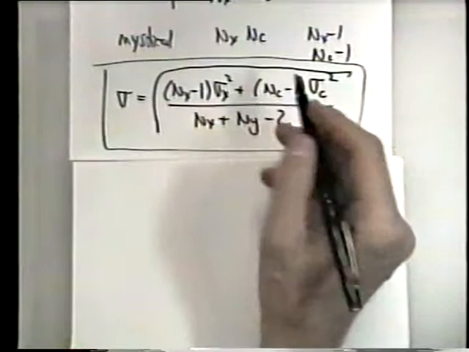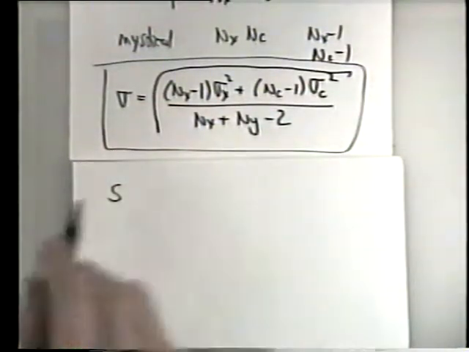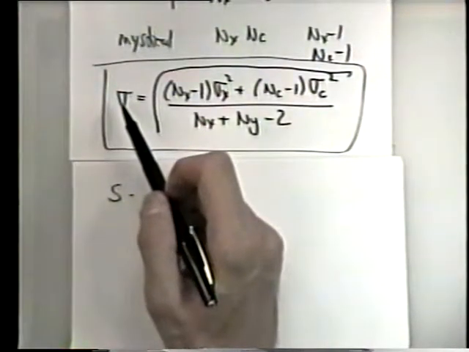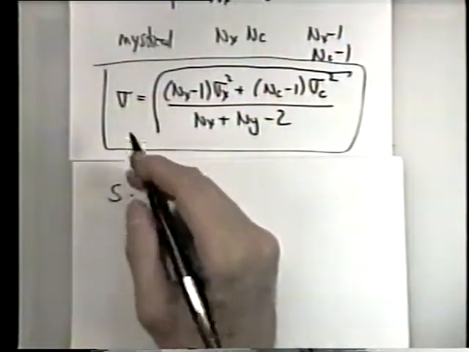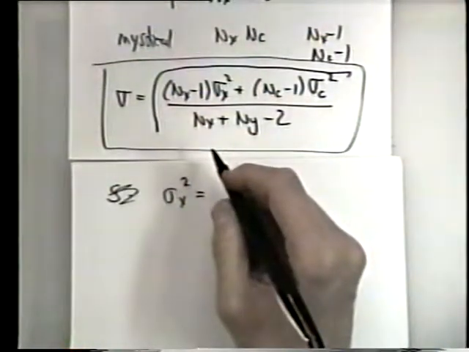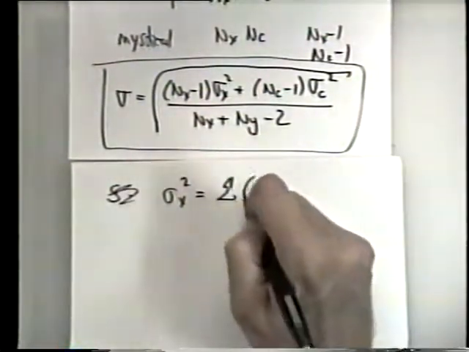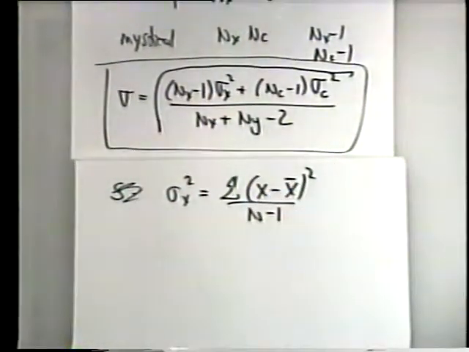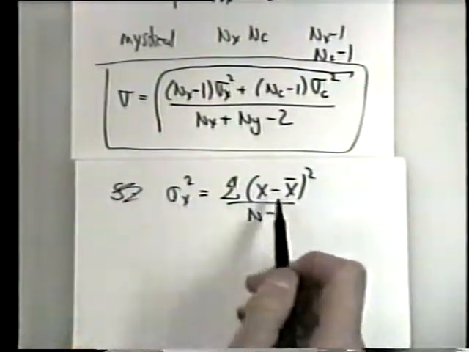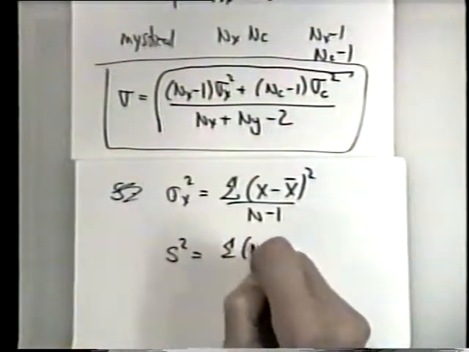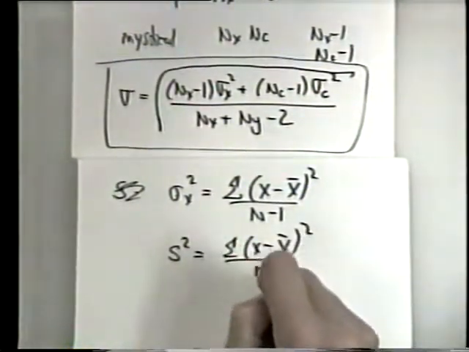We have sigma here, but what we actually have from the experimental data is S, which is the standard deviation. This is from the population. So the one additional thing that we have to do here is, if you remember what we did last time, it was this with the n minus 1s here, in order to get the population variance from the actual data, whereas the standard deviation from the data is this divided by n.